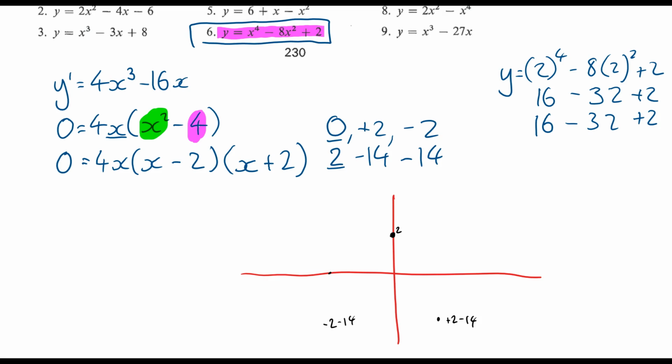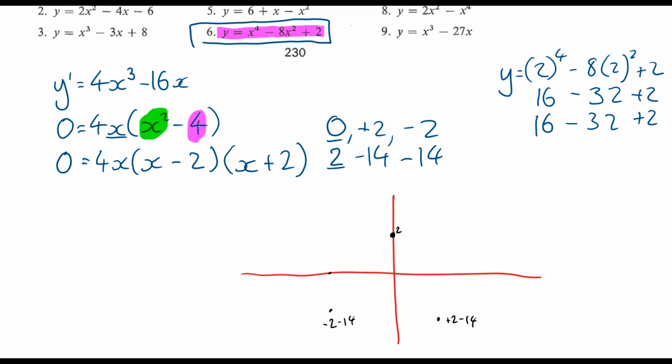So those are my turning points. It's now going to help if I know maximums and minimums, so I know where the graph is coming from. So I do my table.